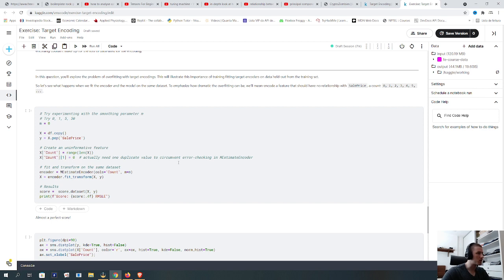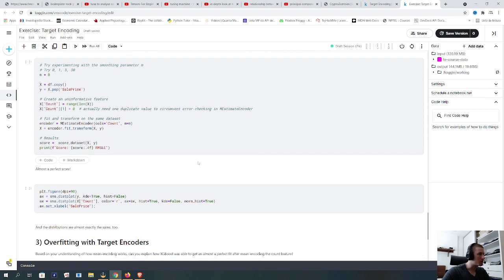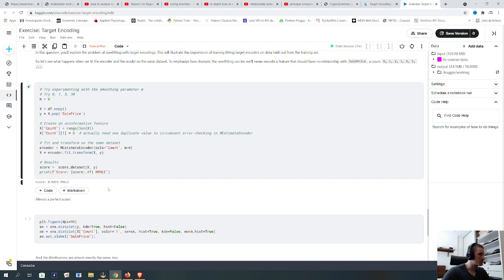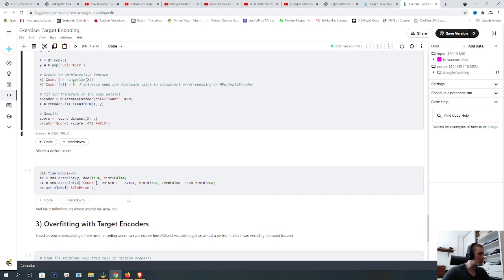Actually need one duplicate value to circumvent error checking. MEstimateEncoder. It is now fit on the same data set, just taking the columns and encoding them. Almost a perfect score.